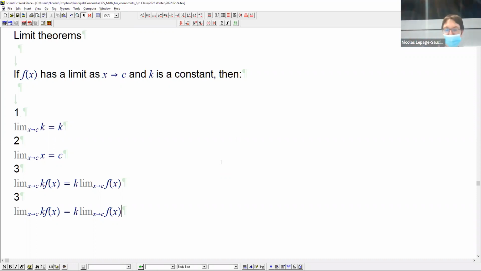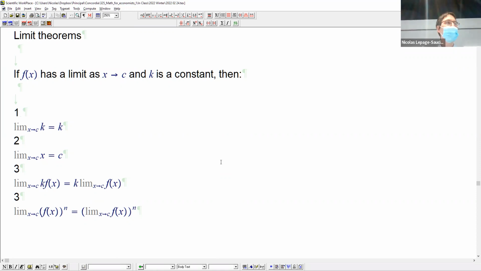All right, same with exponents. If I have f of x to the n, where n is some exponent, then it is equal to the limit of f of x, to the n. This works because of continuity.